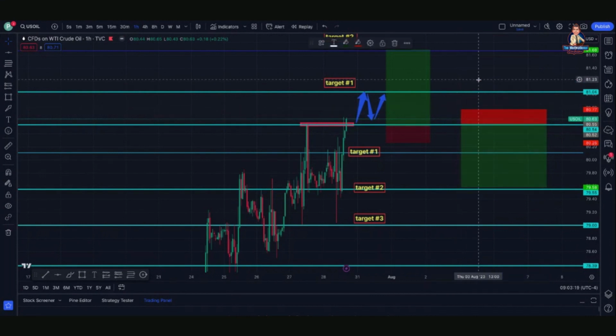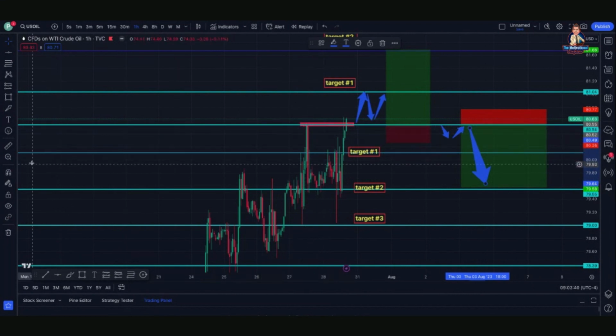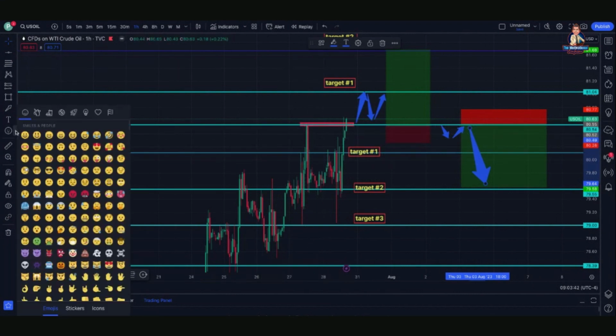Price comes down, and if you want to enter at the break, you can. It's up to you. That would be if we get a retest in this area and then back all the way down. A retest would be something like you see here in this particular area.